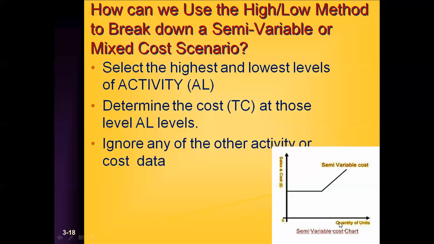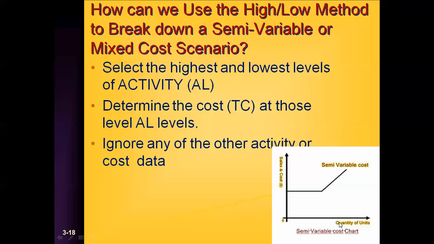So let's get some terminology down here in terms of process and variables. The first step you would do is, in the data that you receive, very similar to the data charts that we looked at previously, you would look at the highest and lowest levels of activity. And activity here again is going to be called, from a variable standpoint, AL.